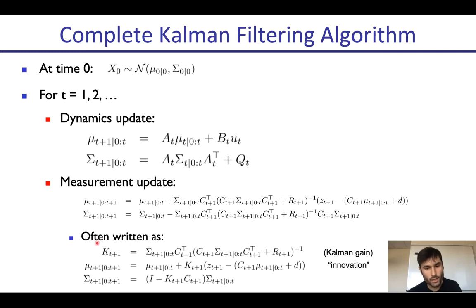People usually write the Kalman update by means of this Kalman gain. That is essentially how much you have to rectify your system. See that in the measurement update, the mean is given by the previous mean, and then you have this error term: Ct plus 1 is the measurement that you see, and this is how much it deviates from the mean.